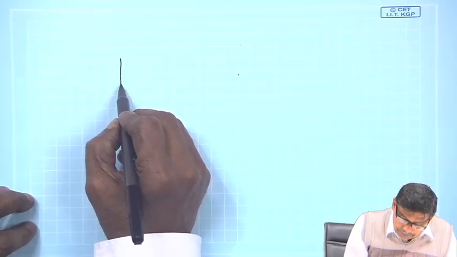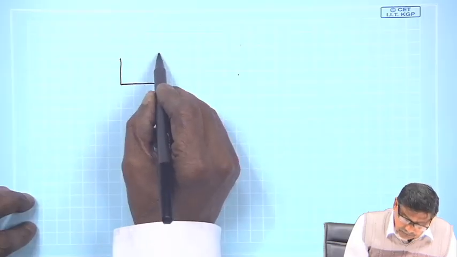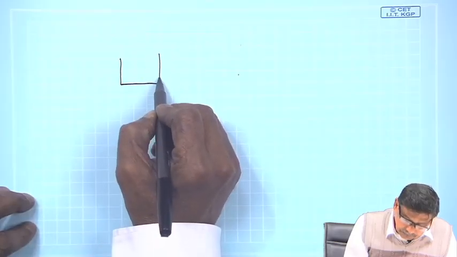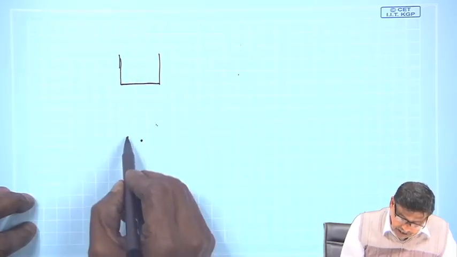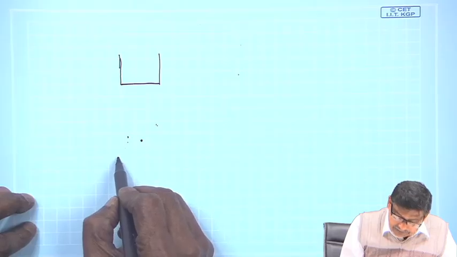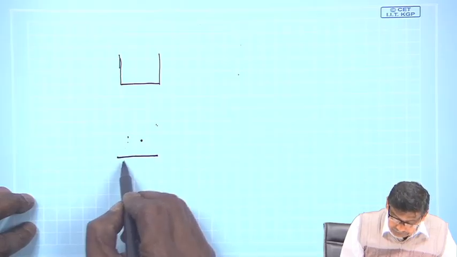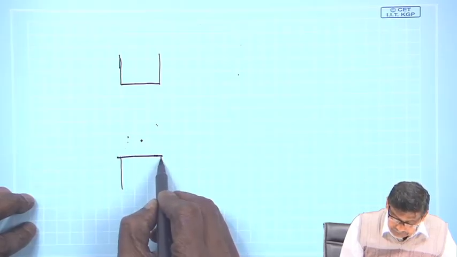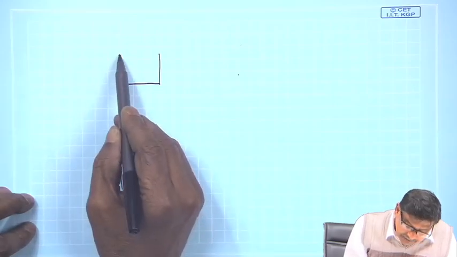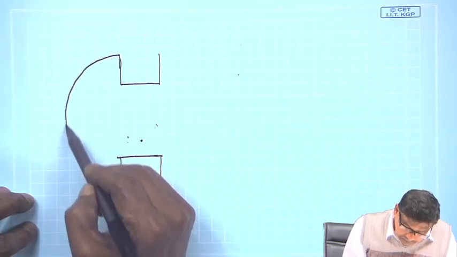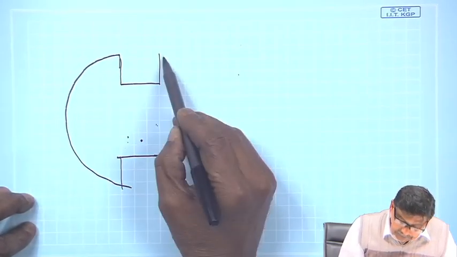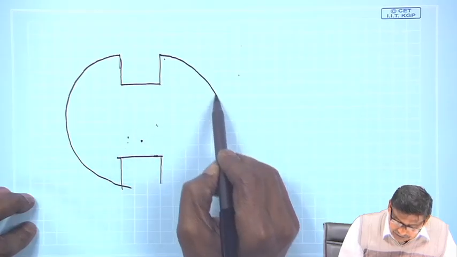That is, I will make an arrangement in this fashion. Suppose here is a north pole and here is a south pole, and I will make it circular like this. These are iron, soft iron.